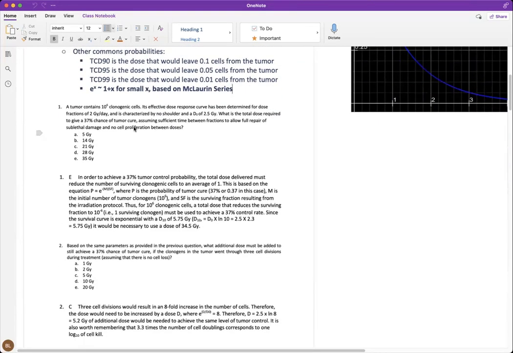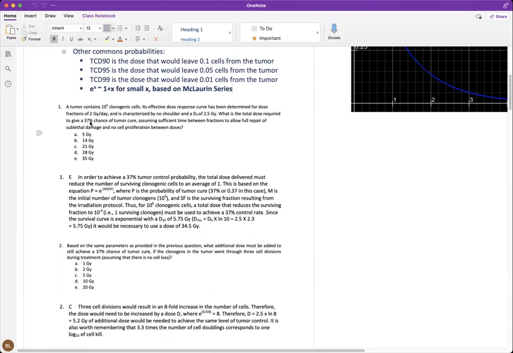So a tumor has 10 to the 6 cells. Its effective dose response curve has been determined for dose fractions of 2 gray per day and is characterized by no shoulder and a D0 of 2.5 gray. What is the total dose required to give a 37% chance of tumor cure?